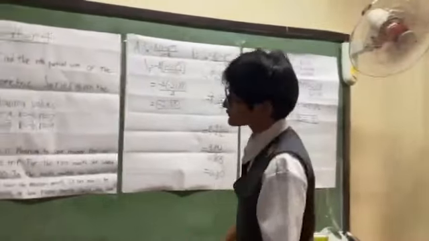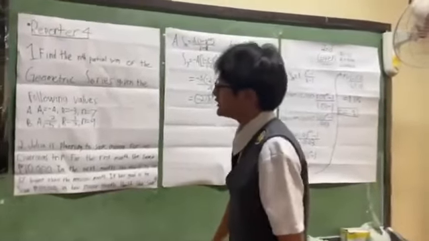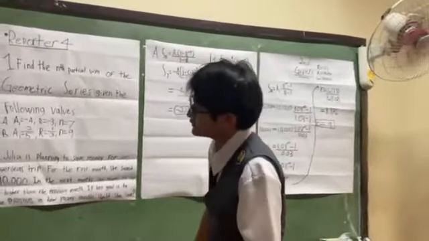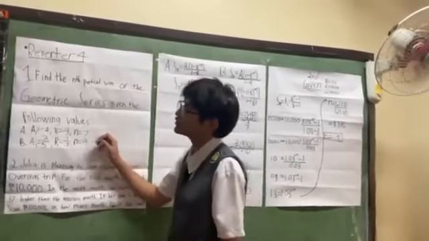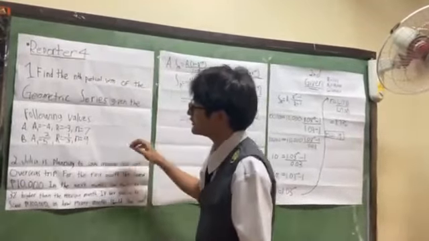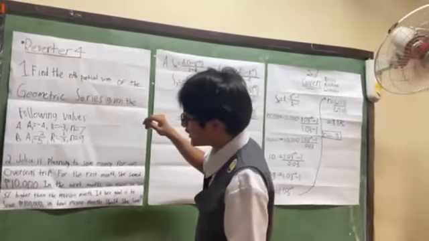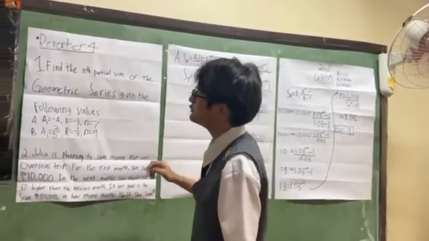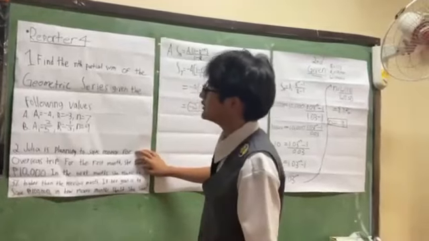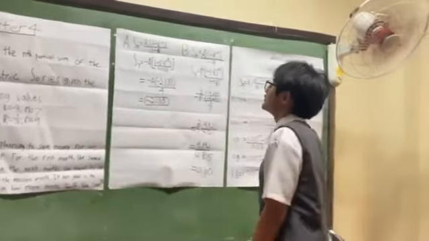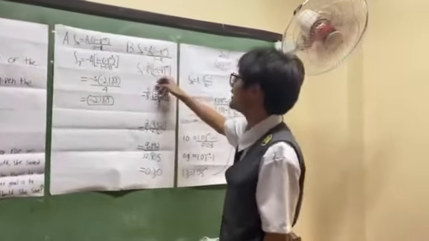Next question. Next value. Letter B: a sub 1 is equal to 2, r is equal to negative 1 over 3, and n was 9. So, formula, plug in the values.